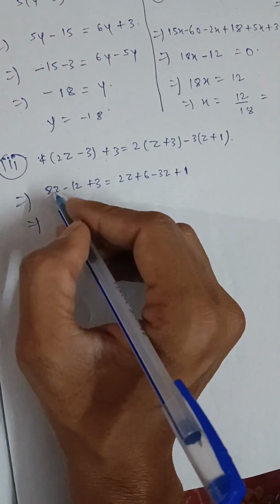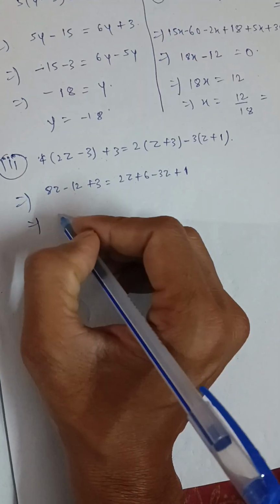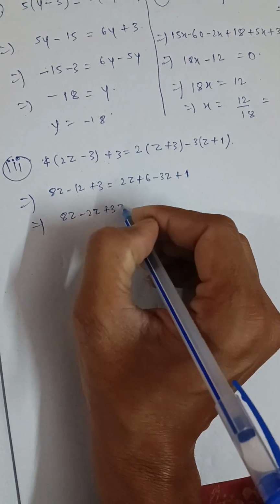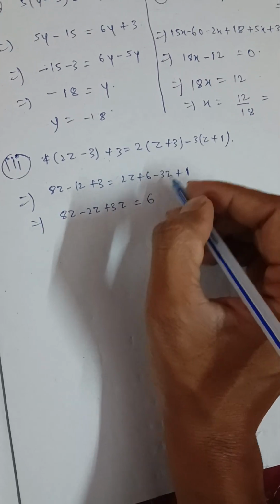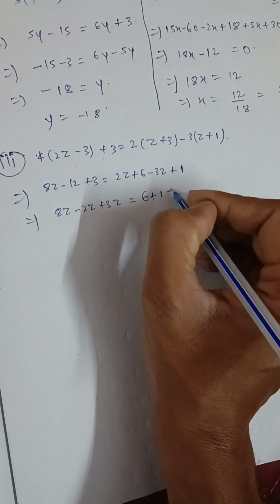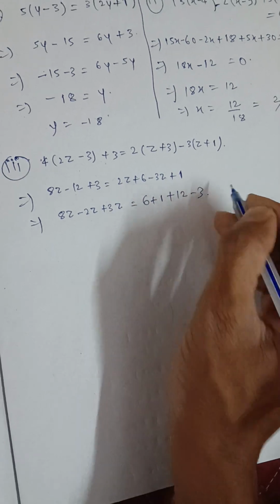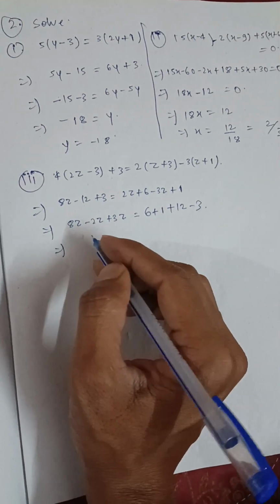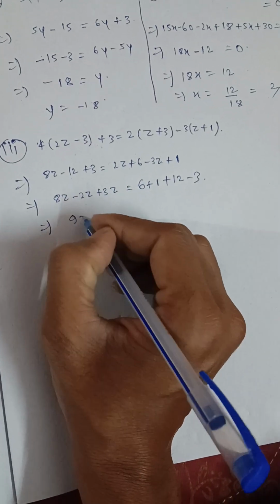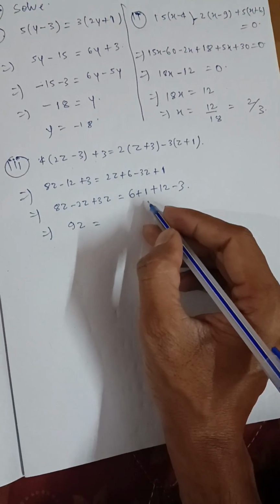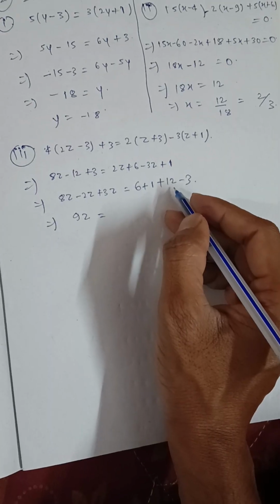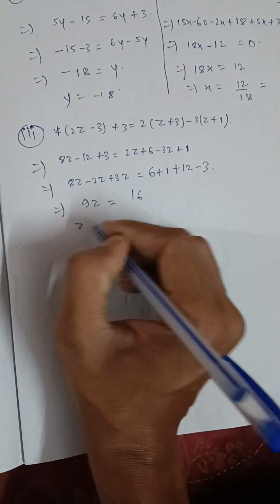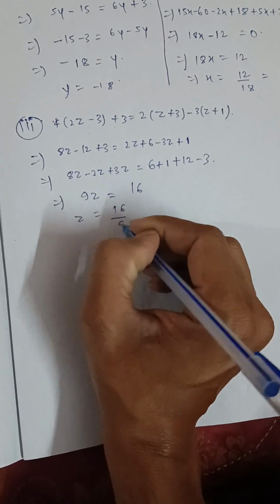So 8z minus 2z plus 3z equals 6 plus 1 plus 12 minus 3, so 9z equals 6 plus 1 is 7, plus 12 is 19, minus 3 equals 16, and z equals 16 divided by 9.